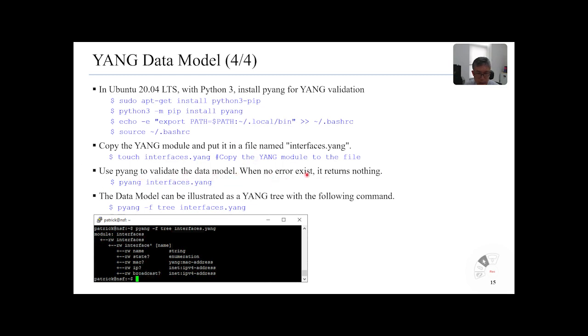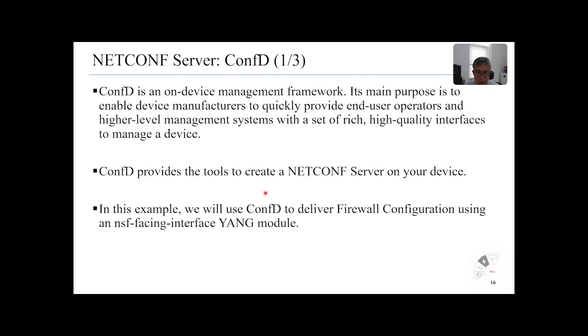If there is no message, meaning it returns nothing, it is fine. Also, you can show the Yang tree using the -f option. With -f tree, you can execute pyang and show this kind of Yang tree for interfaces.